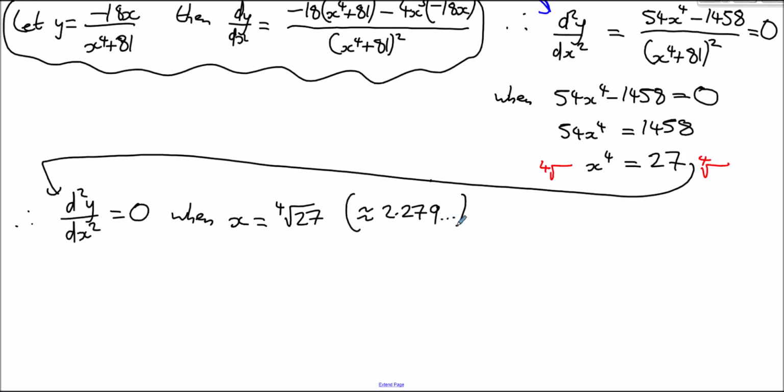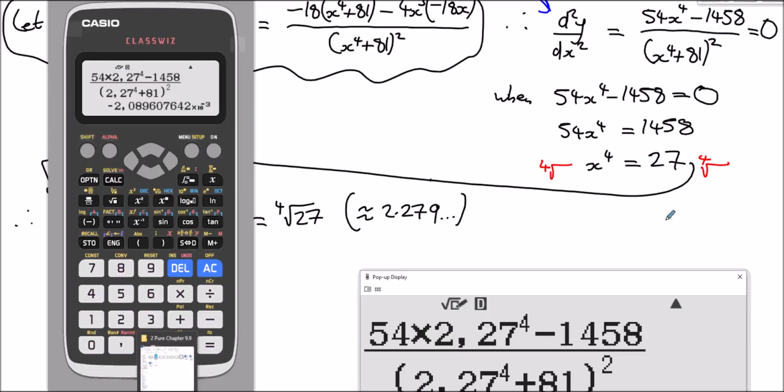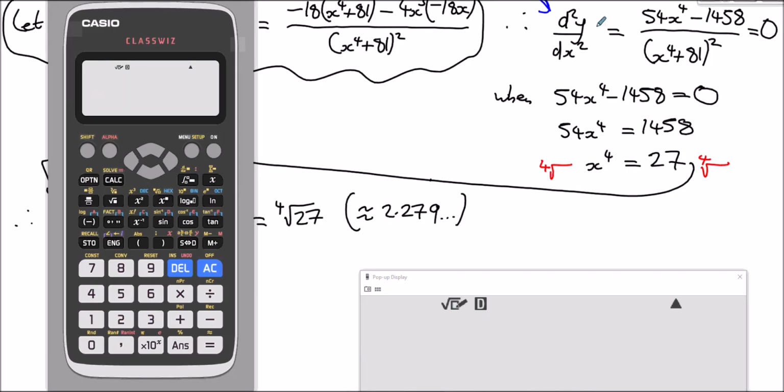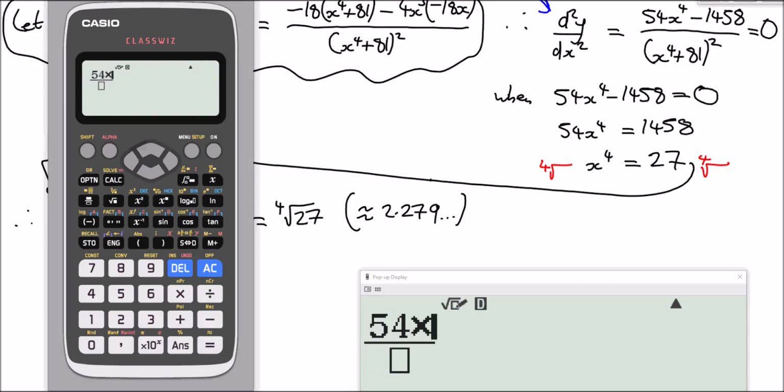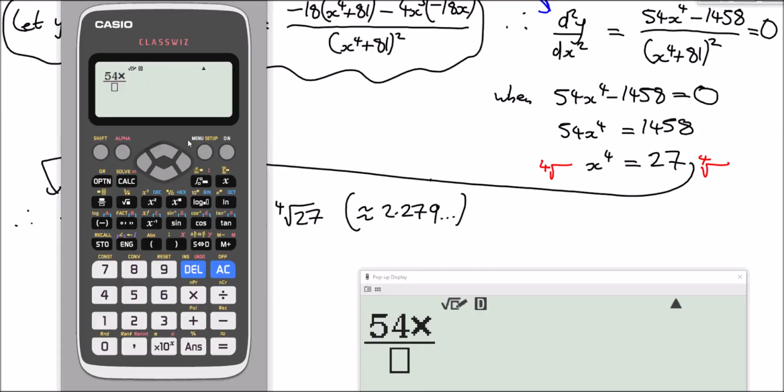So what we need to do now, this showing the second derivative is equal to 0 isn't sufficient. What I need to show is that it changes sign either side of when it is equal to 0. So let's try when x is 2.27. Basically, we can plug into this here if we really want to. So this becomes 54 x to the 4, and so if we're going for a value of 2.27, we're going to use x as 2.27.